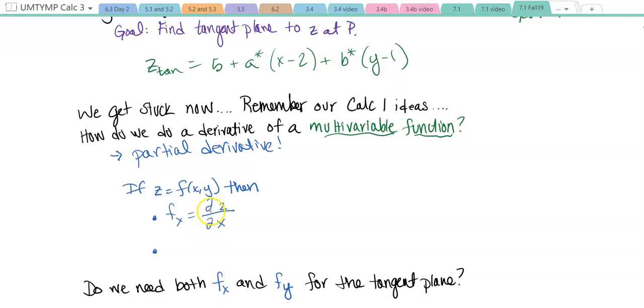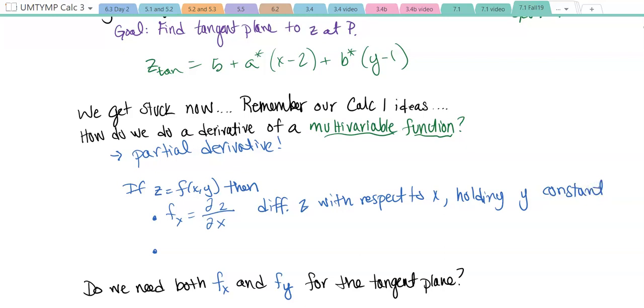We use this curly d to indicate that we're doing a partial derivative because we're only differentiating one variable at a time. So this derivative means we differentiate z with respect to x, holding y constant.